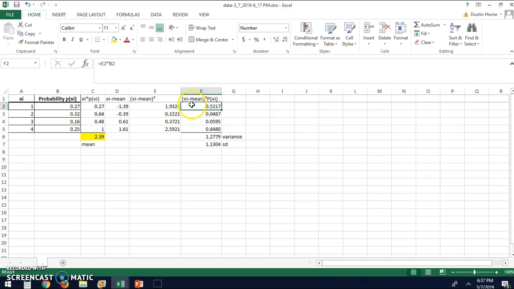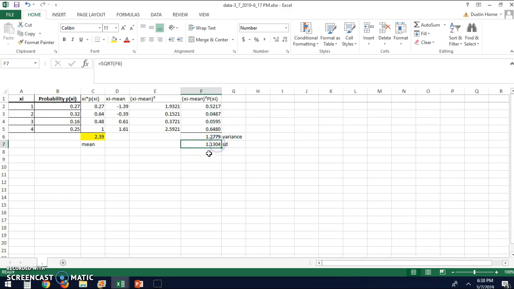So when you do xi minus mean squared, which is basically this number you've already calculated, and when you go back and multiply it times the probability, this number needs to be 4 decimal places. Then when you add these up, you get the variance, and then the square root of the variance is 1.304.